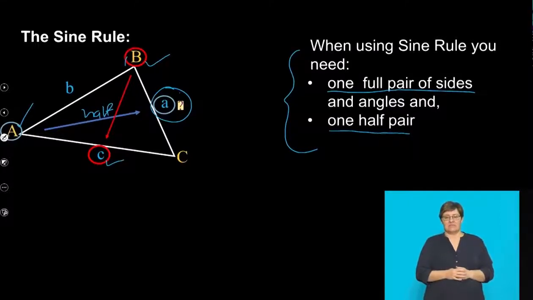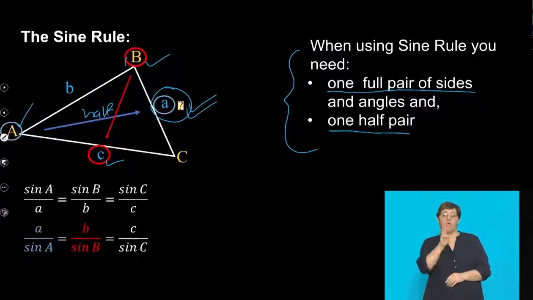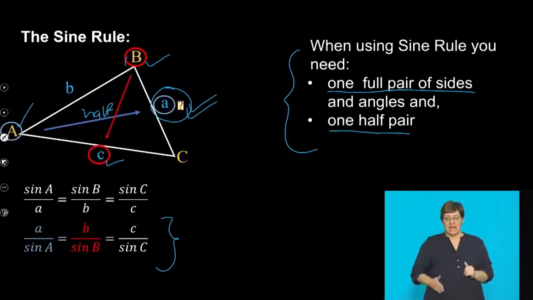So we've got a half pair here, and the red piece is our full pair, which means which version of the sine rule will be used? Again, because we're looking for the side little a, we're going to use the version where the sides are in the numerator. It just makes our calculations a bit easier.